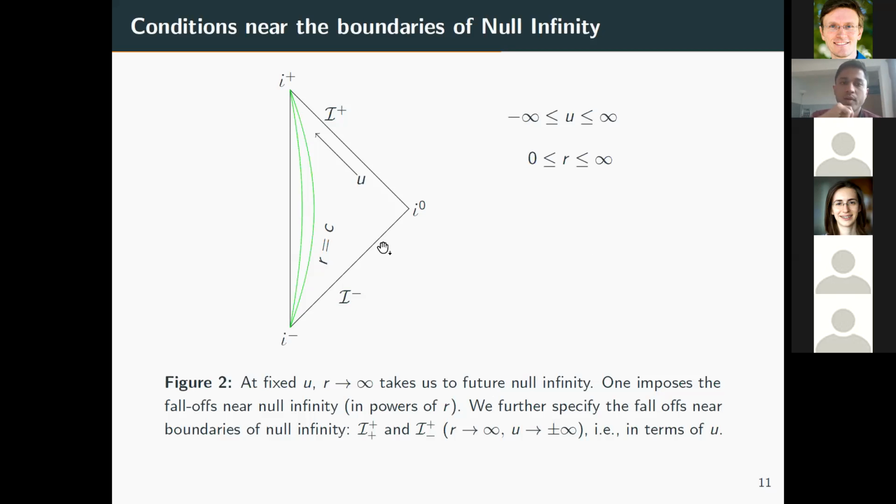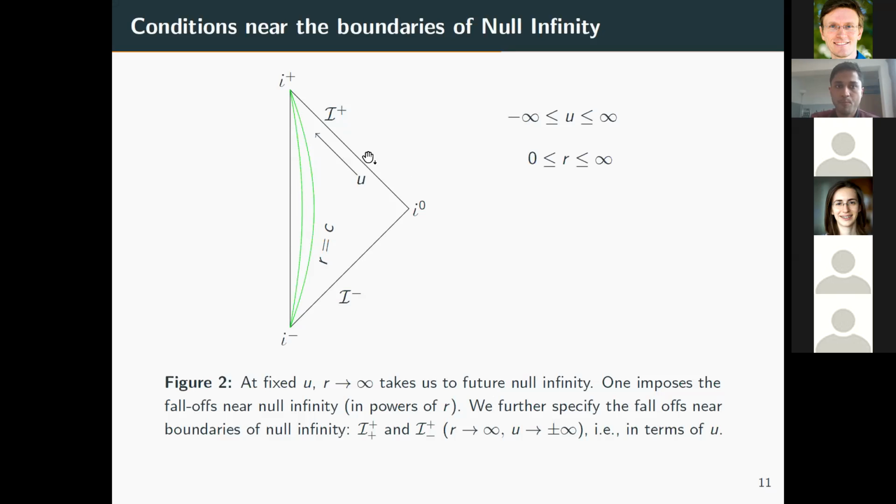I'll try to first describe it through this diagram. Here, this is again the Penrose diagram of asymptotically flat spacetimes. These green curves represent the r equal to constant surfaces, where r is the radial coordinate. The boundary conditions are usually specified near future null infinity and past null infinity. We will only focus on future null infinity for simplicity.